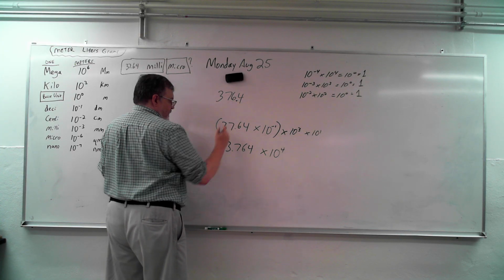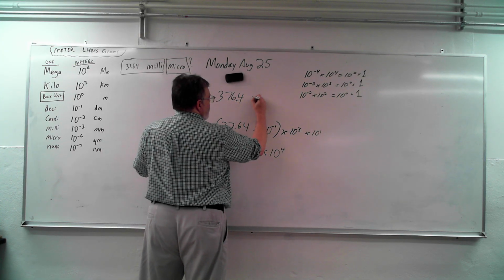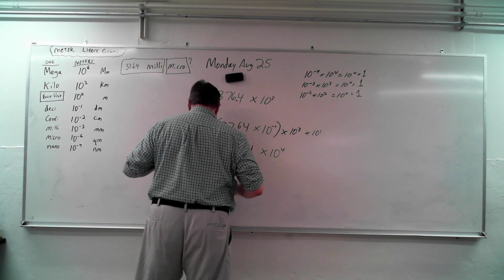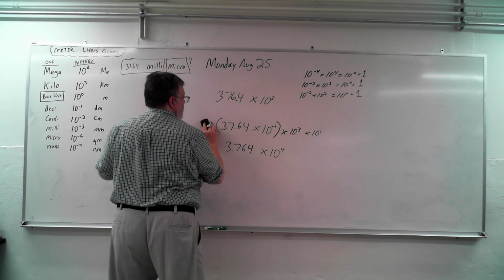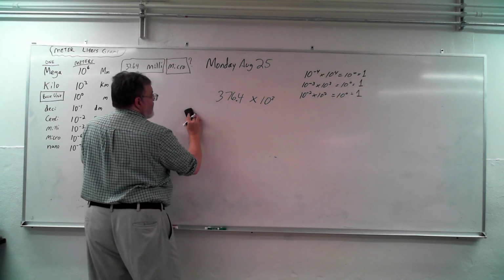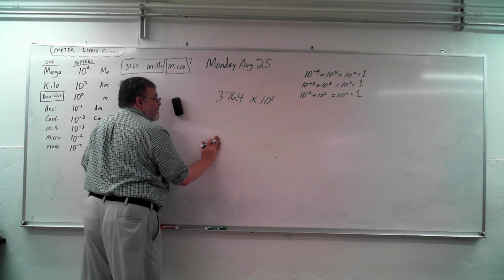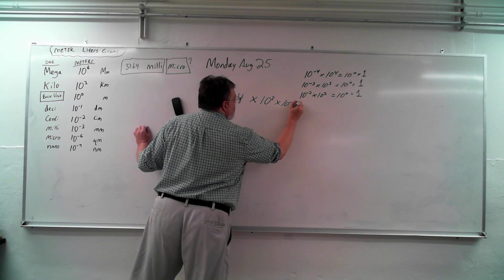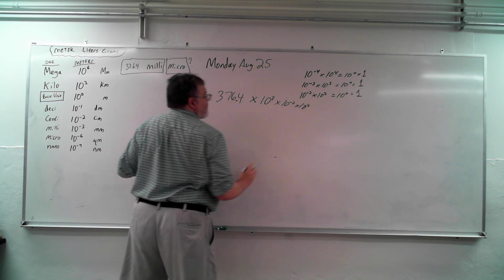If you landed there and you still had that 10 to the 3 on there, that's where we'd be. And I would go, how many places do I have to move this decimal? 1, 2. So 10 to the negative 2, 10 to the 2.